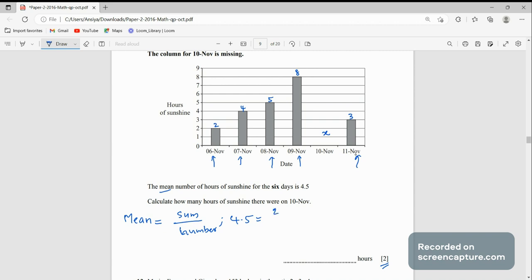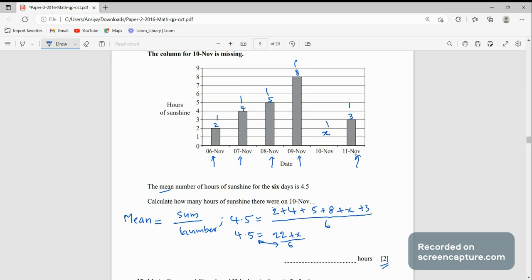So the sum of all the values, 2 plus 4 plus 5 plus 8 plus x plus 3, divided by how many numbers are here? 1, 2, 3, 4, 5, 6. 6. Now we have to solve this to get the answer. 2 plus 4 is 6, 6 plus 5 is 11, plus 8 is 19, plus 3 is 22. So 22 plus x divided by 6.